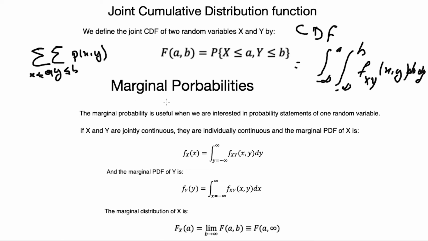We define the marginal probabilities when we are interested in a probability statement about one random variable, and we are not interested in the probability of the other random variable.